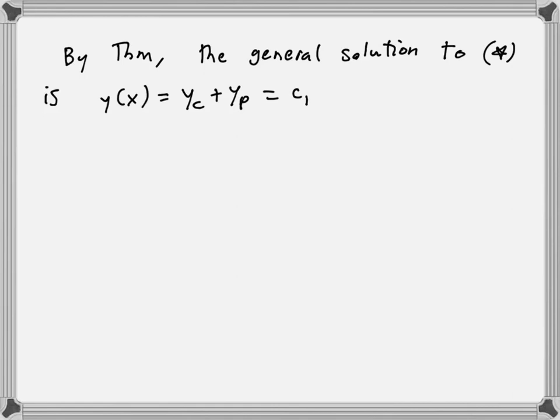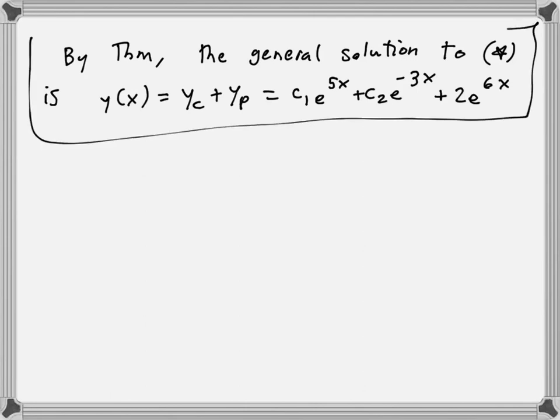So that's going to equal c1 e to the 5x plus c2 e to the negative 3x, and then plus our particular solution, right? Our particular solution is 2 e to the 6x. So this is our general solution. You just add the complementary function to the particular solution.